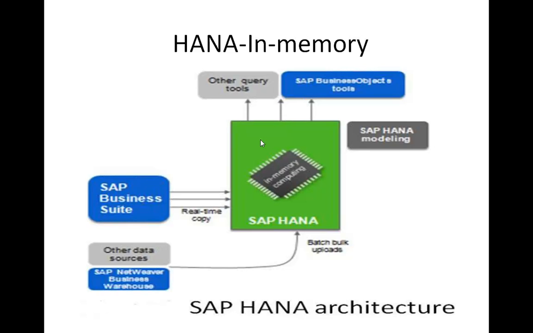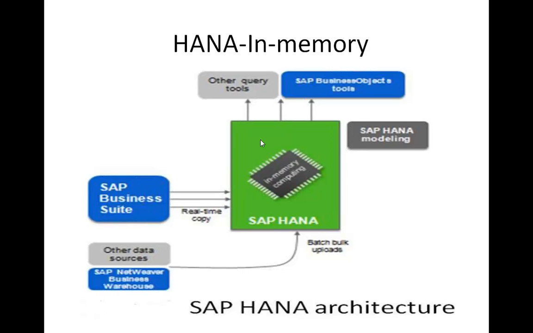You don't do major calculation inside the SAP HANA box. It has the ability, but you would be doing the majority of your transformations and calculations outside the SAP HANA box. So the engines should be able to support transformation capability and cleansing capability as well. All right. So that is something that you should be looking at.